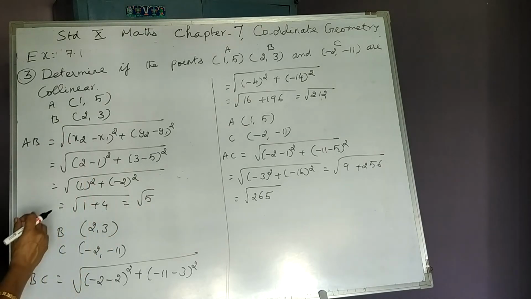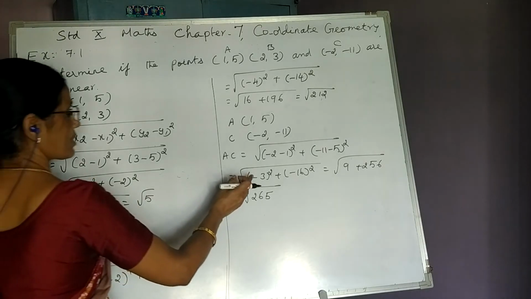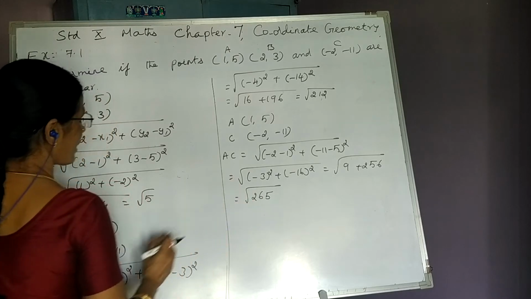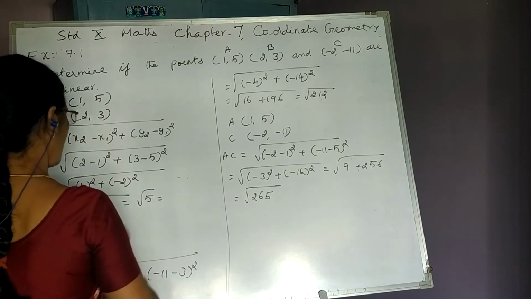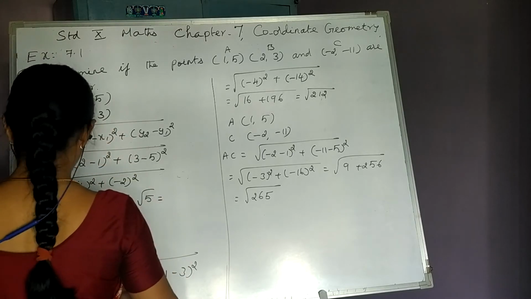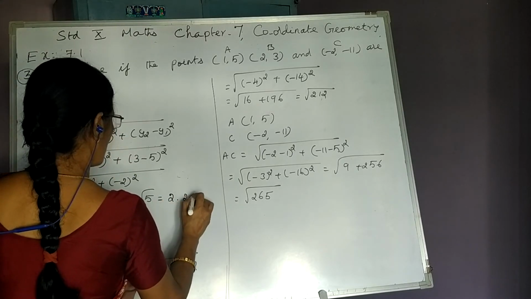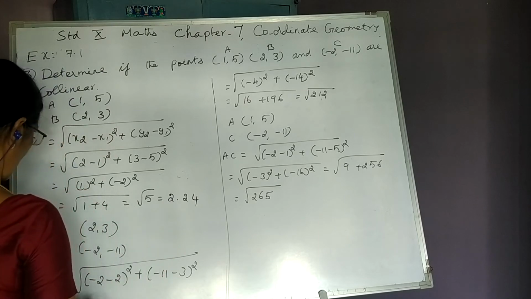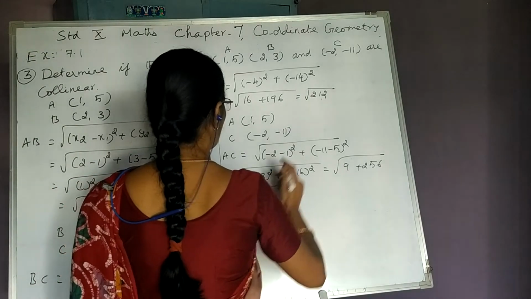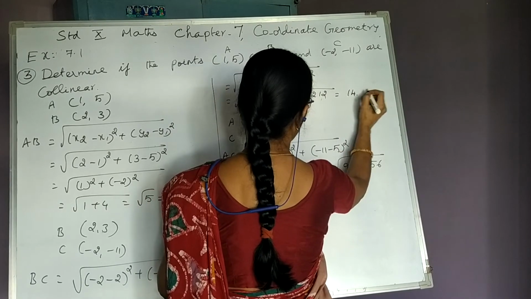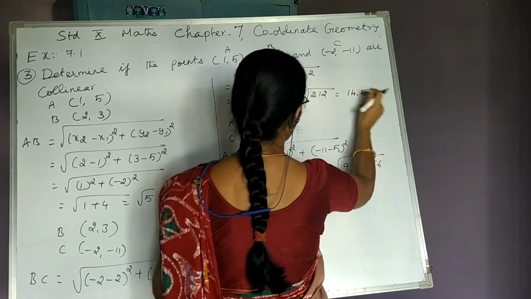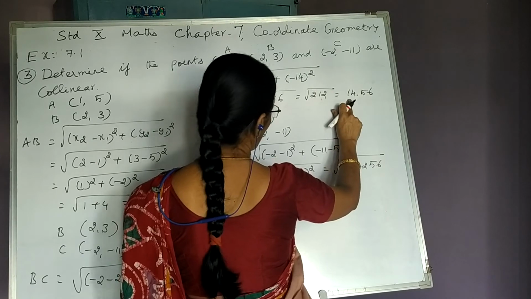All the numbers, if you see, they are not square numbers. So to identify whether the sum of two numbers equals the greatest, let us find approximately. Finding the square root of 5, we get approximately 2.24. Similarly, the approximated value of root 212 is 14.56. 196 is the square of 14.